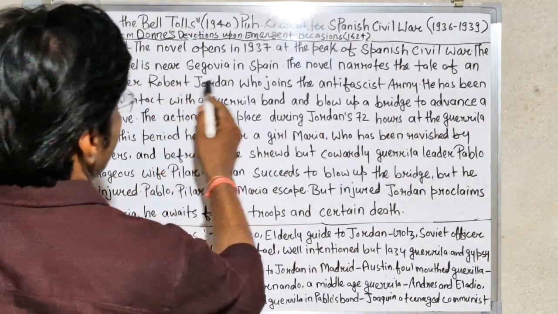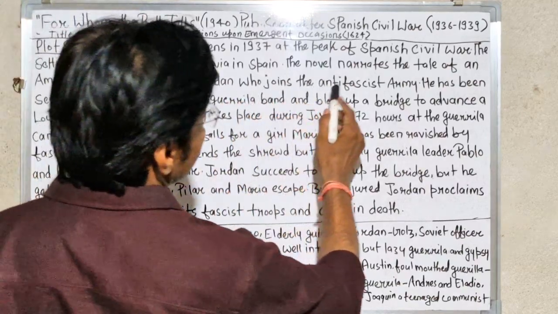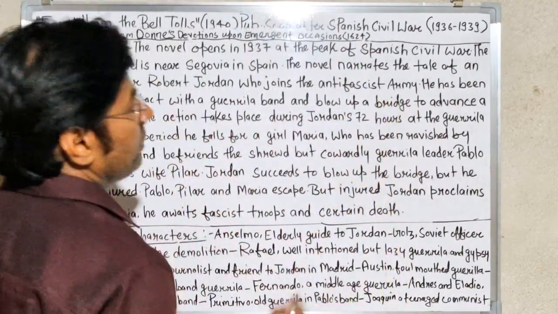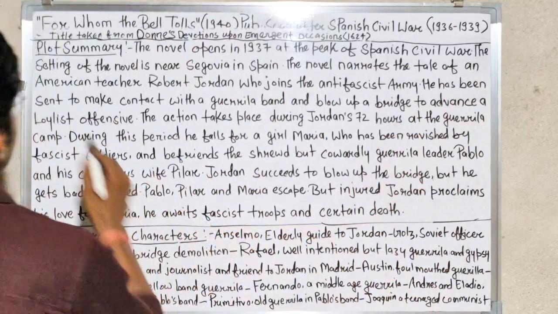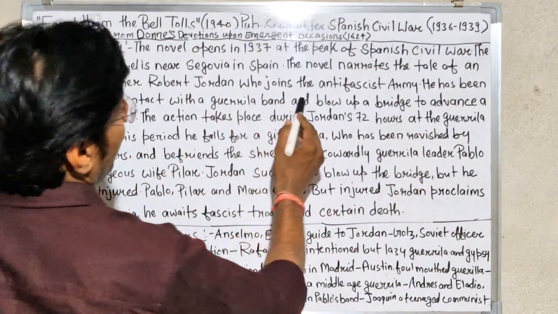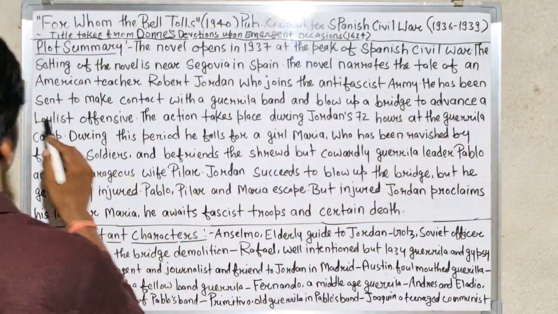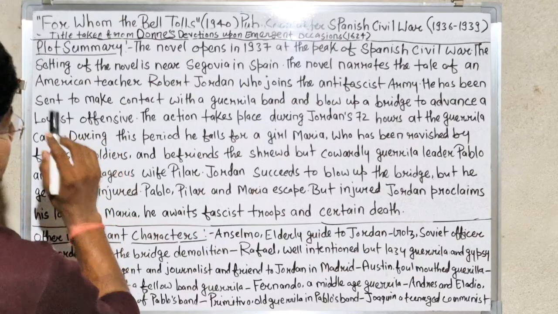Why? Because he's a dynamiter. Remember this. So Robert Jordan, who joins the anti-fascist army, has been sent to make contact with a guerrilla band and blow up a bridge to advance a loyalist offensive.